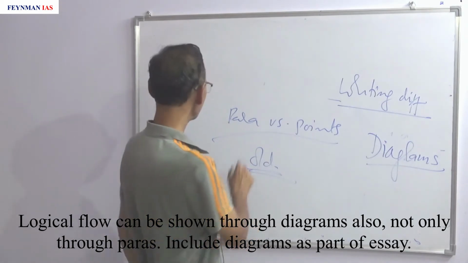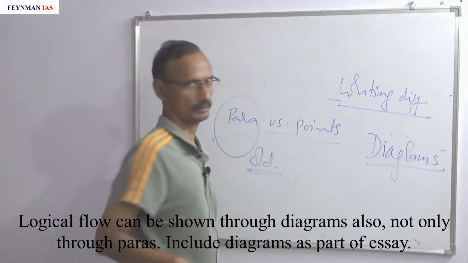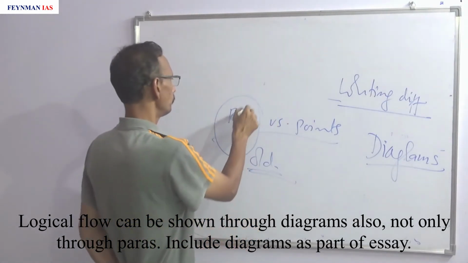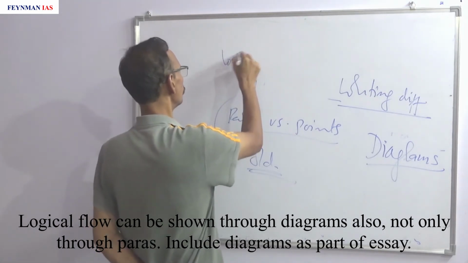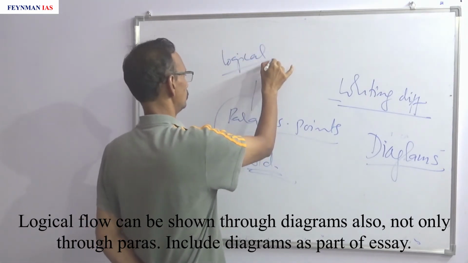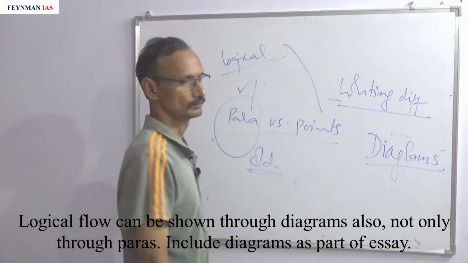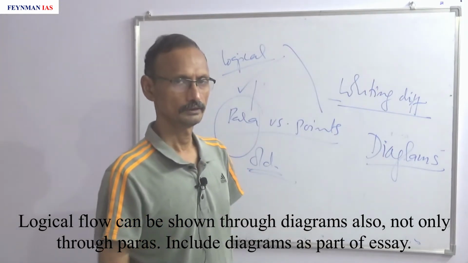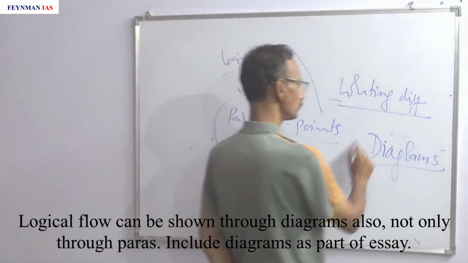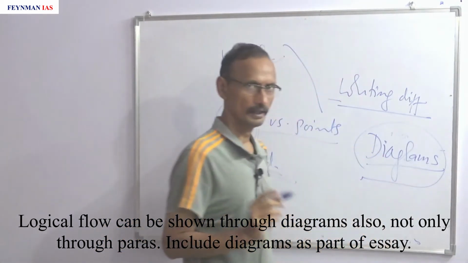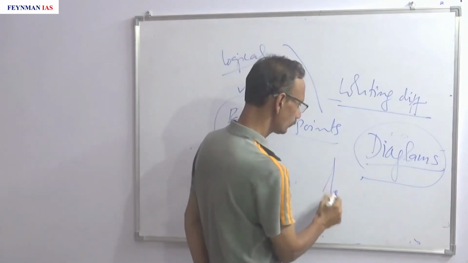The usual argument in favor of para is that if logical flow is required, then paras make better sense and not points. The new thing that is coming from diagrams is that diagrams also can convey logical flow.